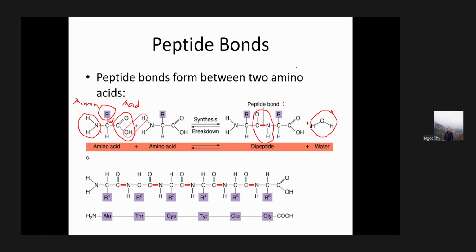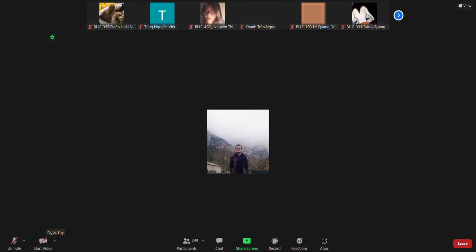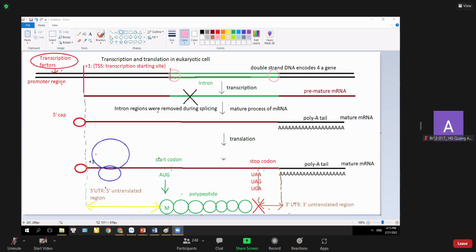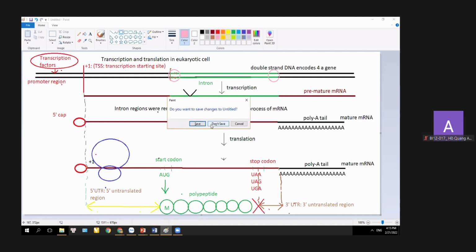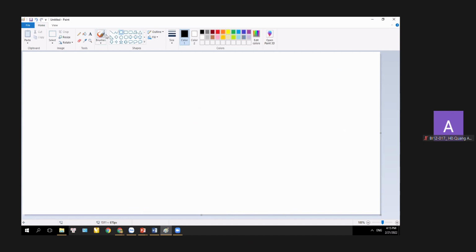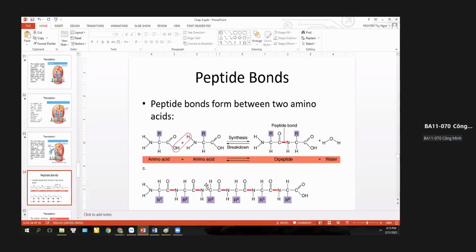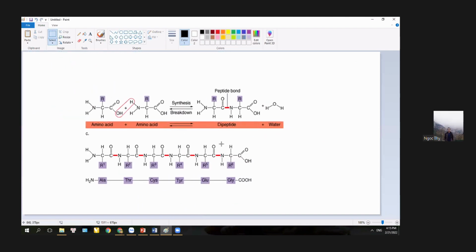In amino acids, we also have, okay, wait for me, I'll open my paint file. Open a new one.